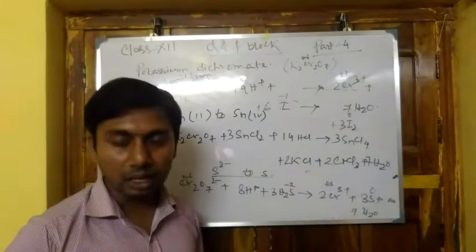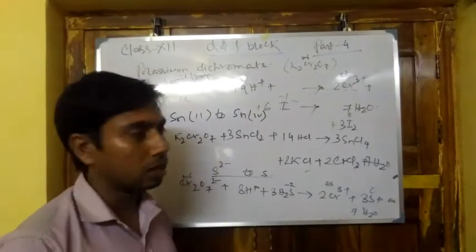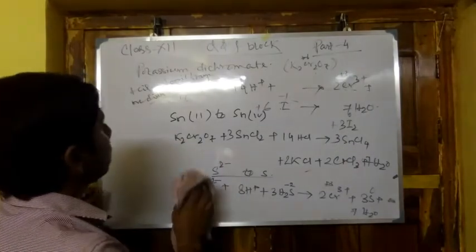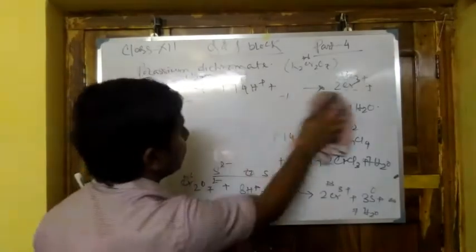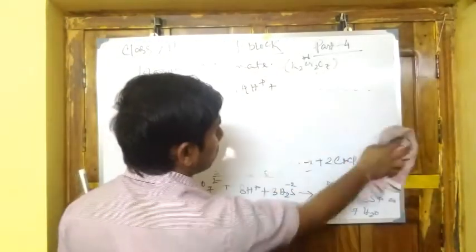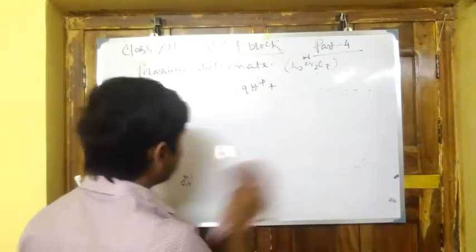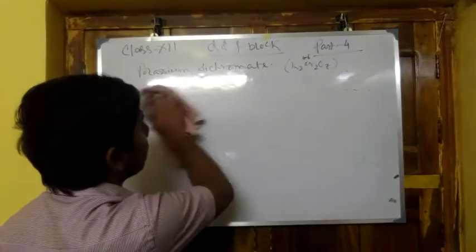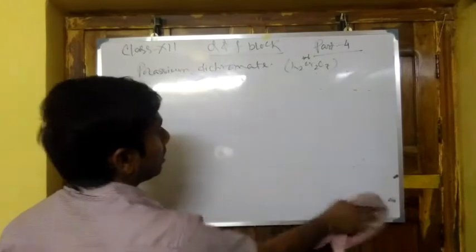So this is another reaction, that is an organic reaction, that is when dichromate is heated, it will produce oxygen, and using this oxygen we can treat the organic reagent as a mild oxidizing agent.